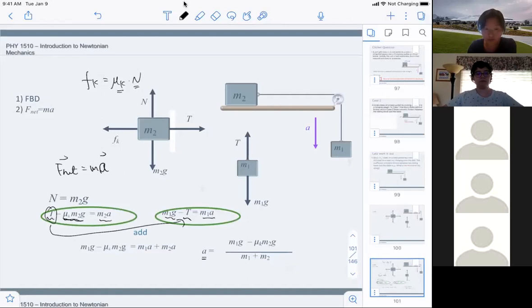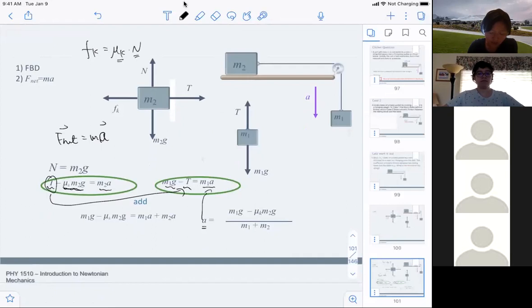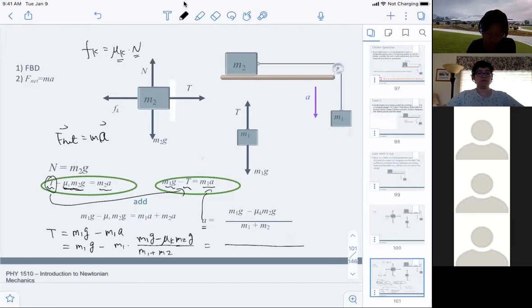You can also solve for tension, because you can plug in the acceleration to either one of them and you get your tension. So if I plug in acceleration in here, I get tension is equal to M1 g minus M1 a. What is a? A is this entire thing, so it's a little long. You can combine this a little bit more.